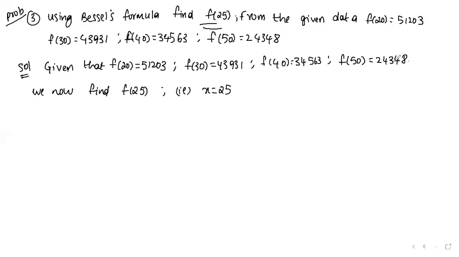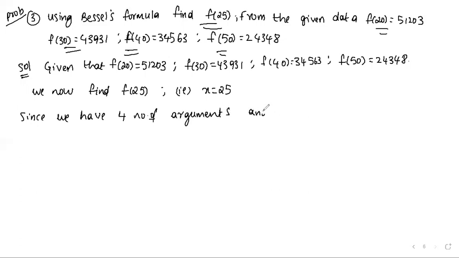How many arguments do we have? 1, 2, 3, 4. Since we have 4 arguments, take x naught as the second one, that is 30. So x naught is equal to 30.